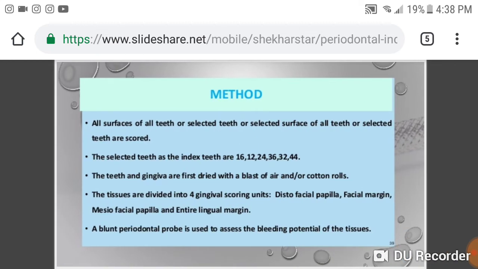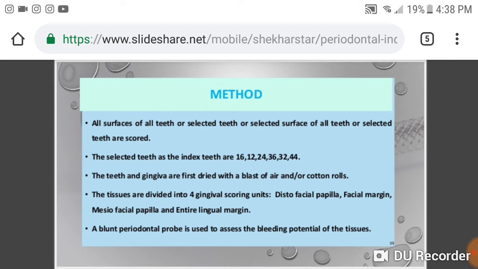Method: all surfaces of all teeth or selected teeth are scored. The selected index teeth are the 16, 12, 24, 36, 32, and 44.